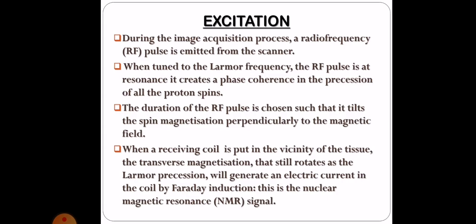B0 is termed the longitudinal axis or plane. The plane at 90 degrees to B0 is termed the transverse plane. And the plane that lies parallel is termed the longitudinal plane.